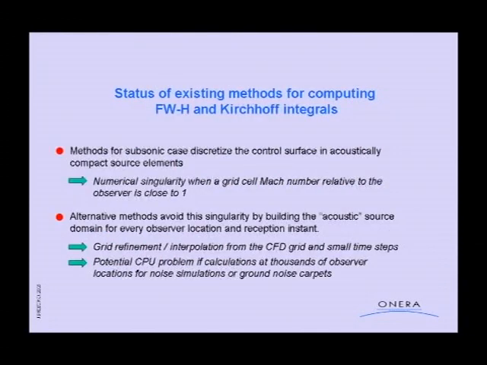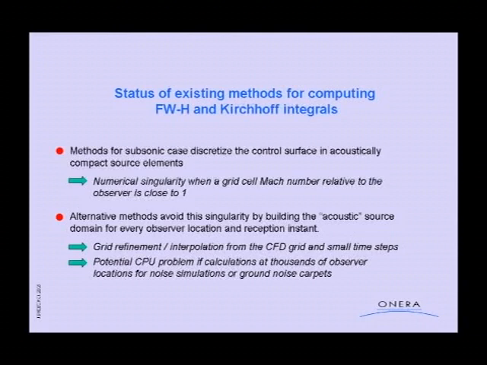What is the status of existing methods to tackle this problem? The methods for the classical subsonic cases discretize the control surface in acoustically compact source elements, that is, source elements of size small enough compared to the observed wavelengths of the sound.